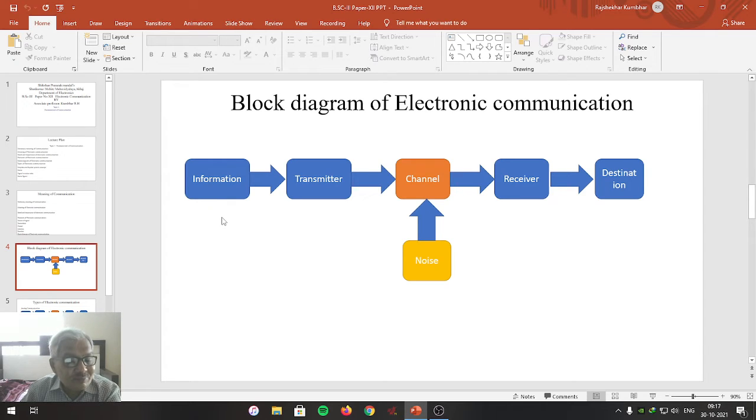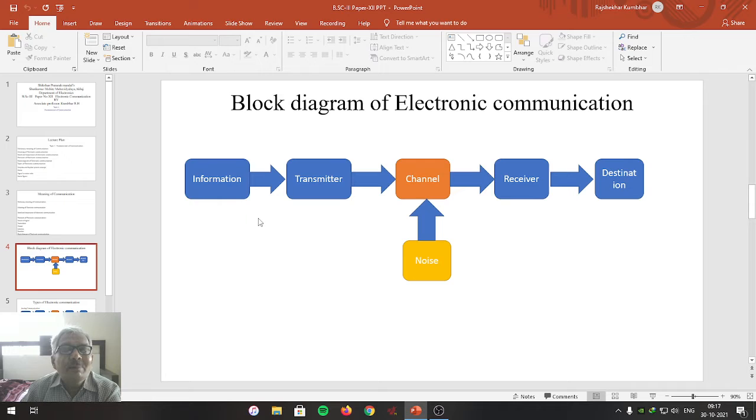Hence we can say the signal is processed. The physical signal, by using a suitable transducer, is converted into the electrical signal. The information is converted into the electrical signal.